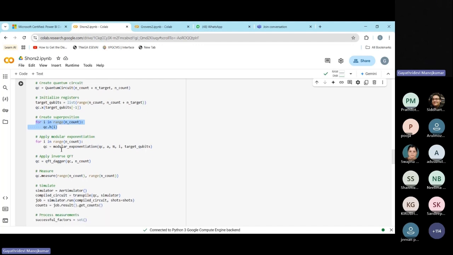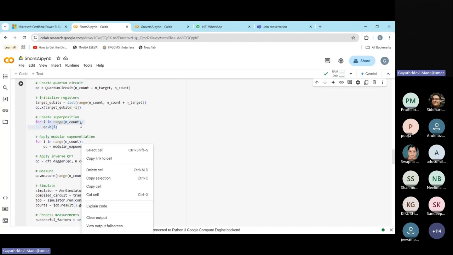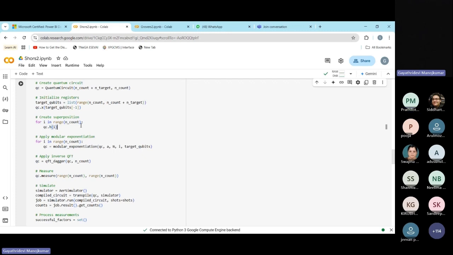And the next thing, we apply the modular exponential. For every qubit in the counting register, the modular exponential function is applied. Each of these operations is a controlled operation that multiplies the target register by a power, that is, we simulate a to the power 2 to the i mod n, where i is the counting qubit index, controlled on the qubit.